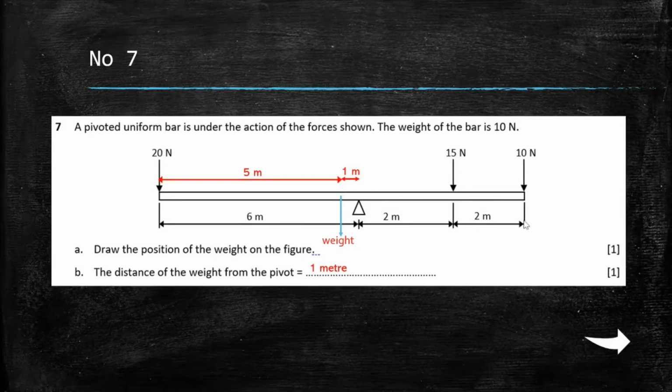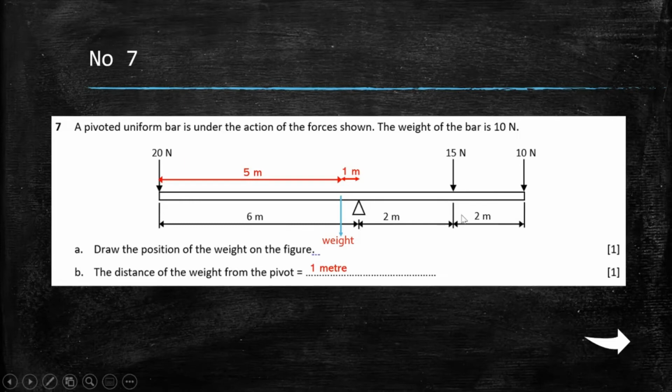Why? Because they both are on the right side of the pivot. Please remember, when a force is placed on the right side of the pivot, it will produce clockwise moment.